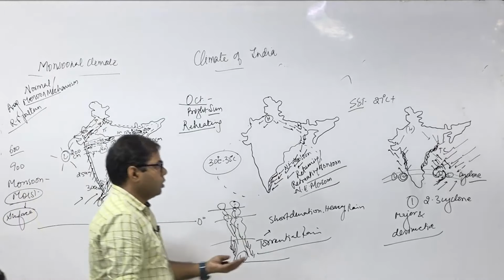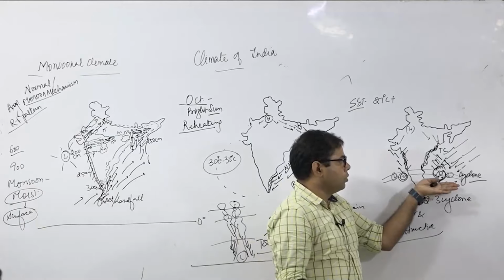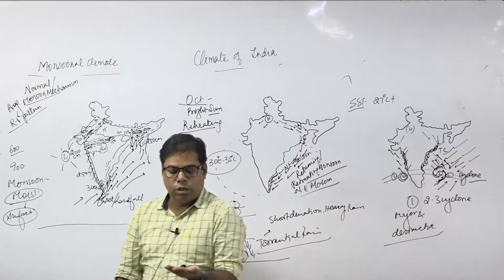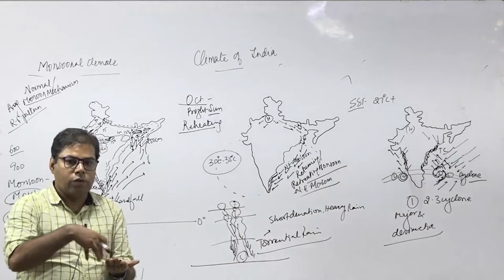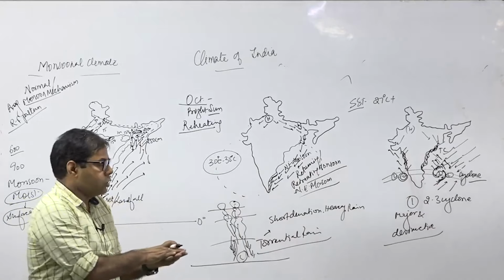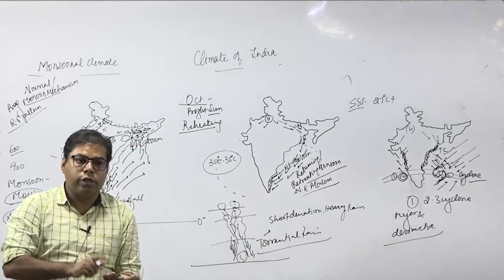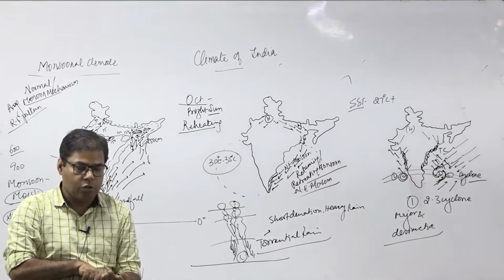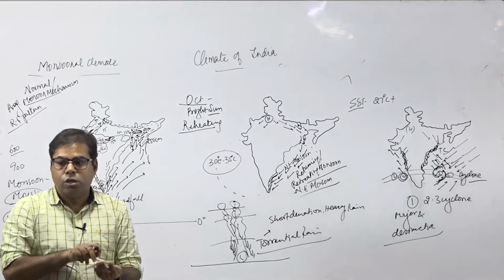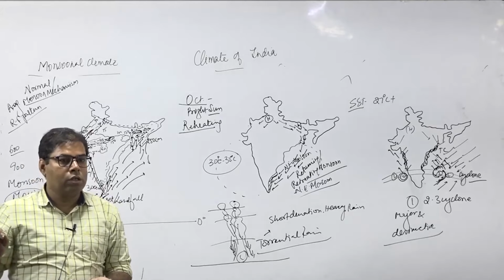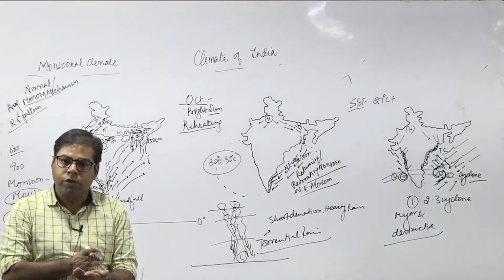Here also, the low pressure center develops over the oceans, the wind converges there, then moves towards the coastal areas. The pressure gradient force is high because of the high temperature on the sea surface. So the wind velocity will also be high. If the pressure gradient force is high, the wind velocity will be high.